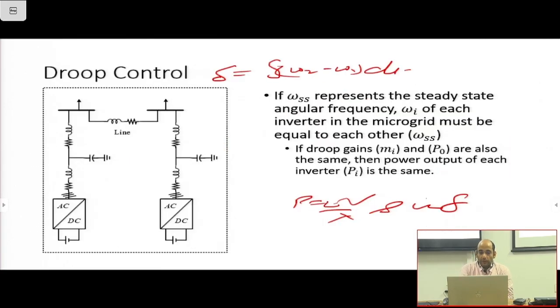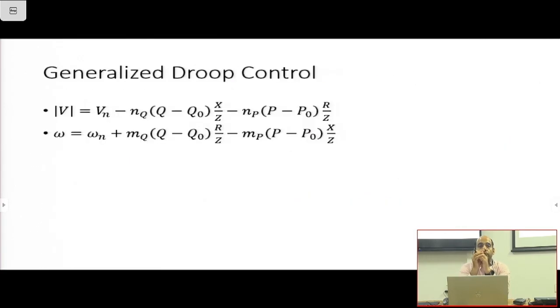But when you come to a microgrid level, you have both active and reactive power affecting both voltage and frequency. So you have to take that into account. If you take that into account, you write a new droop equation which is called a generalized droop equation, where V magnitude, the magnitude of the voltage, is the voltage magnitude which we give to our V_d star, the d-axis voltage reference, while the q-axis is 0.